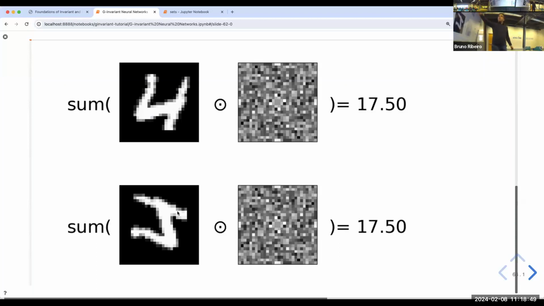This is a random parameter that I got from my subspace, and I'm doing the inner product with a 4. I get this output for my neuron, before the softmax or before the activation. If I rotate, same value. We just constructed an invariant neural network for rotation. You can just plug this in PyTorch and it works perfectly.